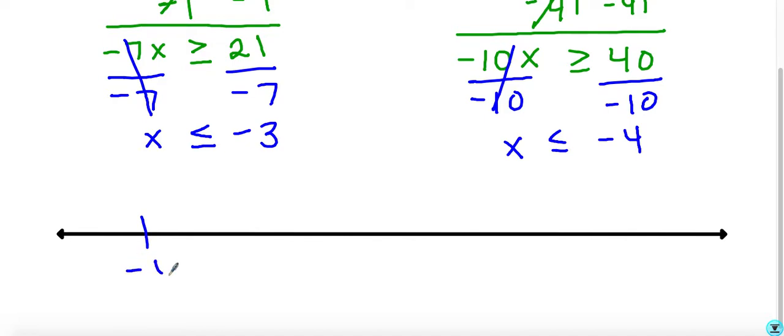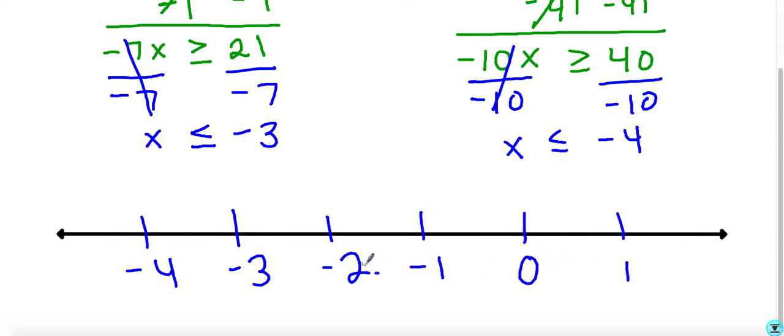So -4, -3, -2, -1, 0, 1. I didn't even have to plot all of those, but you could if you want to. And for this one here, x is less than or equal to -3. We shade in our circle because it is equal to -3 and it's also less than -3. So I shade to the left.